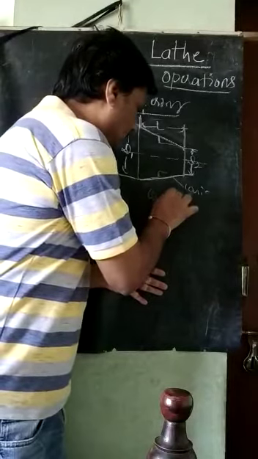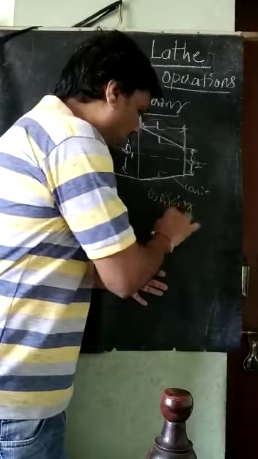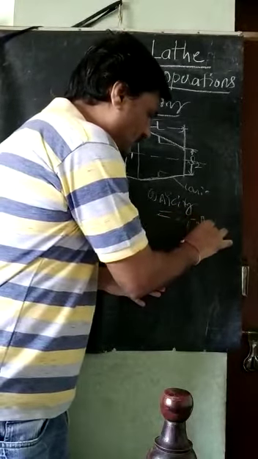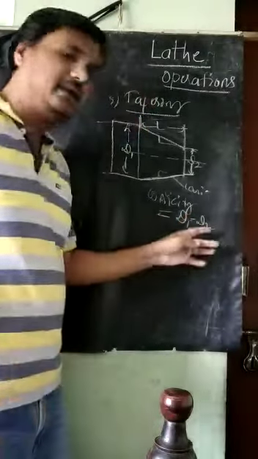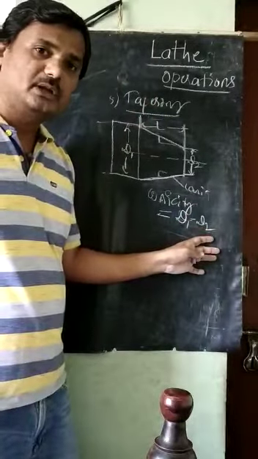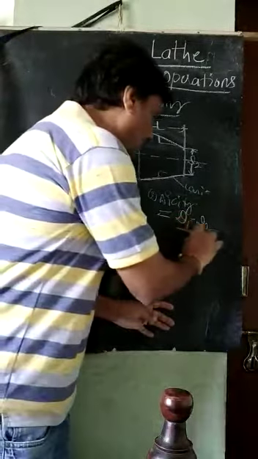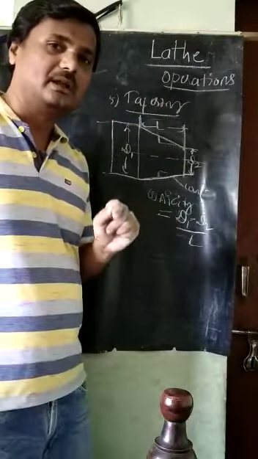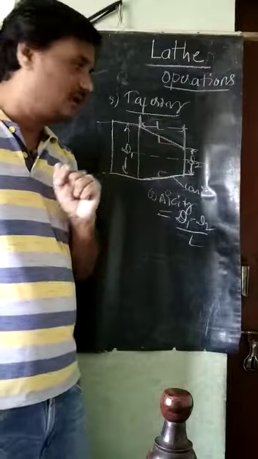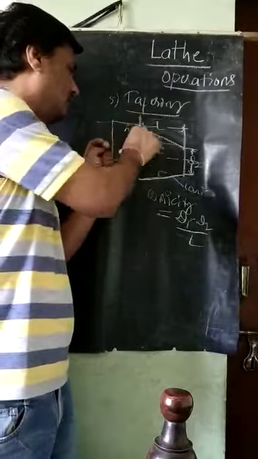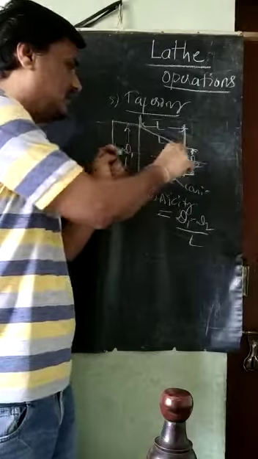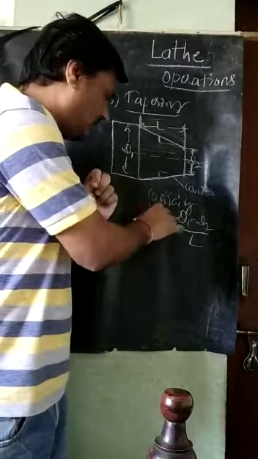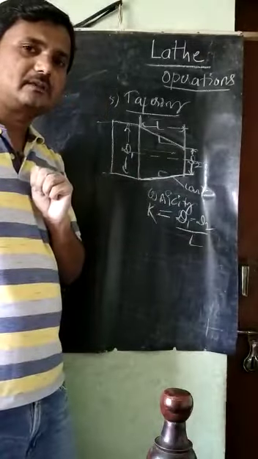Conicity is D1 minus D2, the original diameter minus the end diameter after removing the material, divided by the length over which that slope has to be maintained. The cross-sectional area is more here and decreases in this direction. This is called the conicity, represented by K.